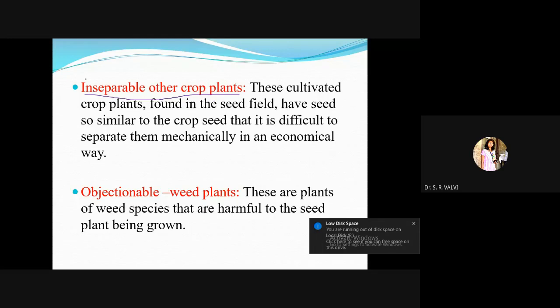Such seeds can be considered inseparable other crop plants. Next, objectionable weed plants. Some plants grow along with your main crop. You have to consider those as weed plants, and these plants may be harmful to your main seed plants, so you consider them objectionable weed plants.